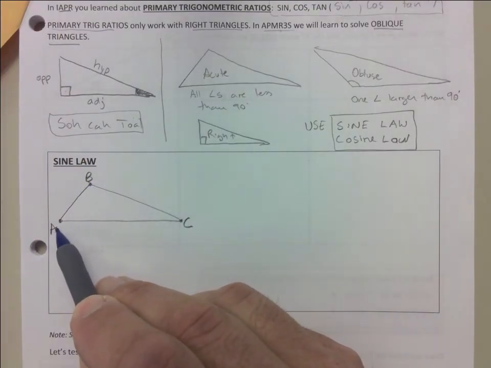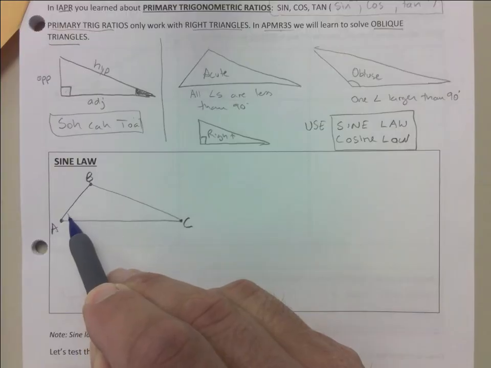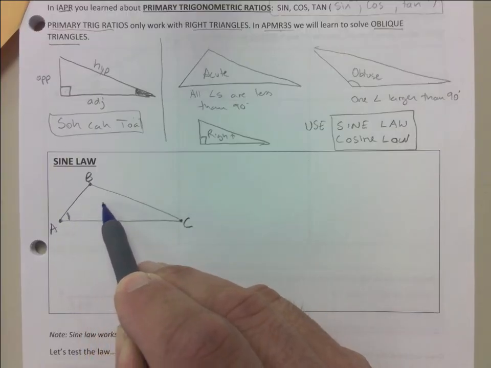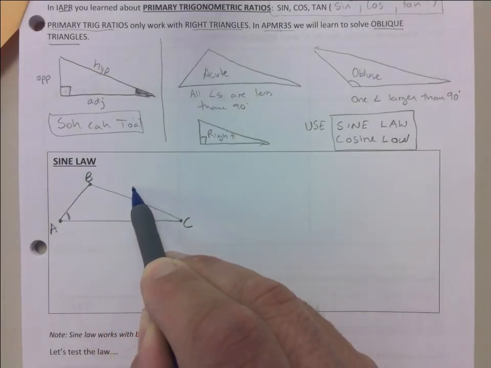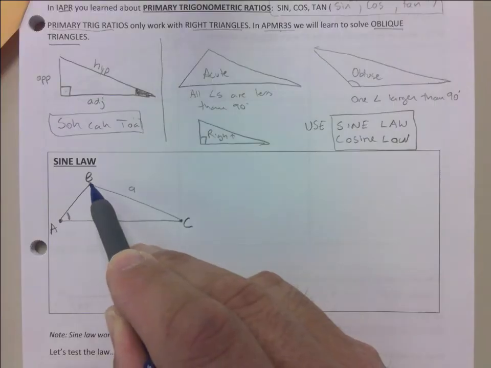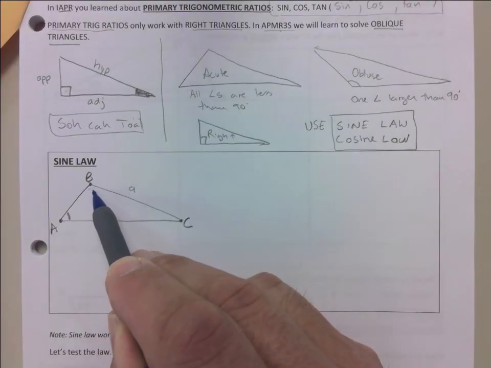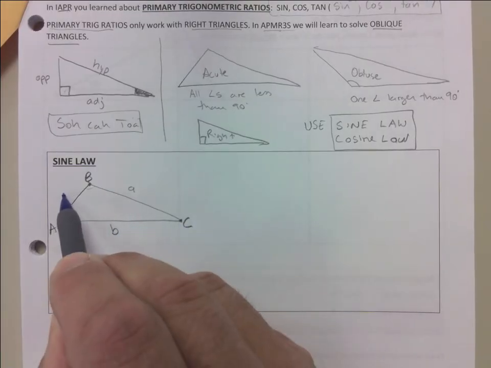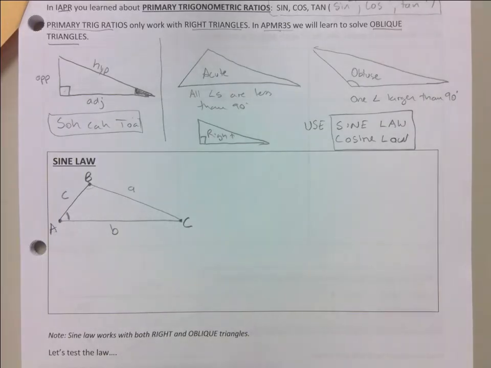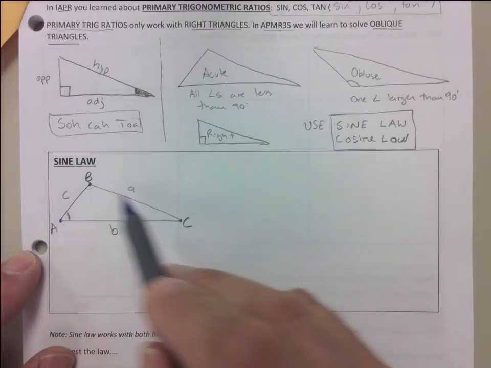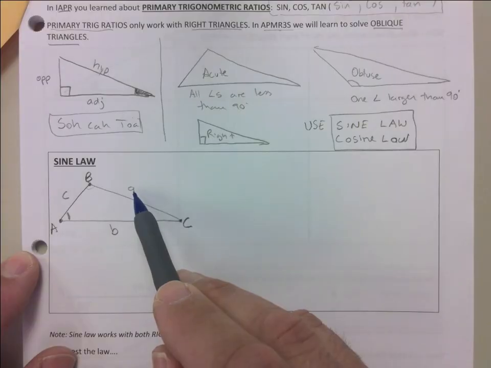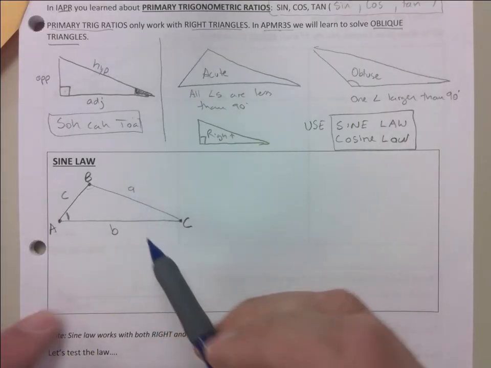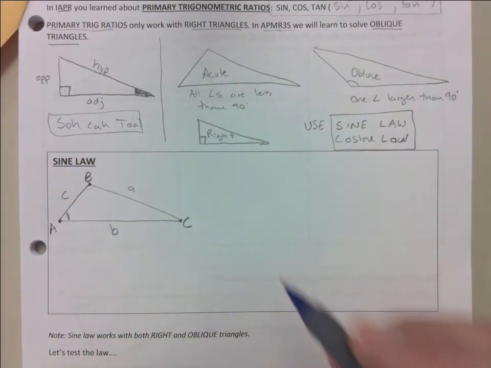The convention has it that if this is angle A right here, then what do we call the side across from that angle? Lowercase a, okay? If this is capital B, then the side that's opposite to it is called lowercase b. If this is C, then that's lowercase c. That's just convention. We will call it something else down the road. We might say A, B, C are the angles you're given and you're trying to solve for this side. You might want to call it X. That's fine. But if nothing else, this is what we normally do.